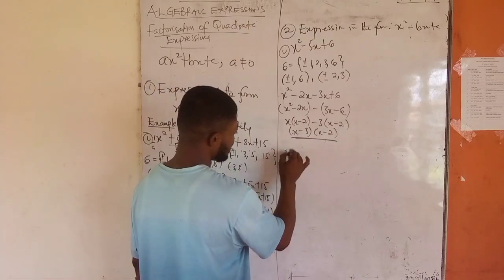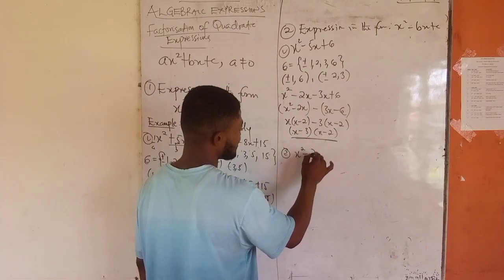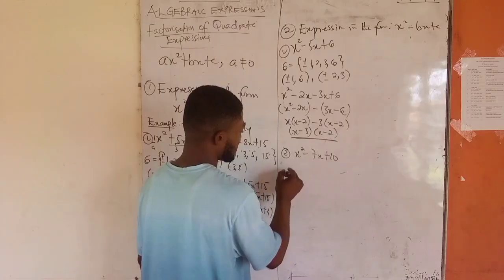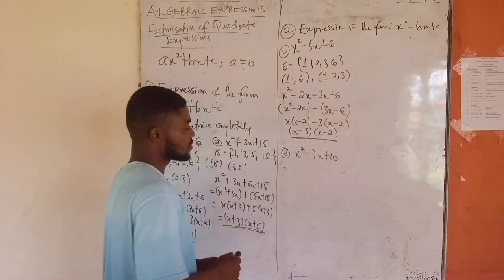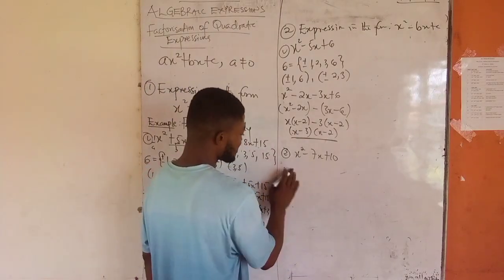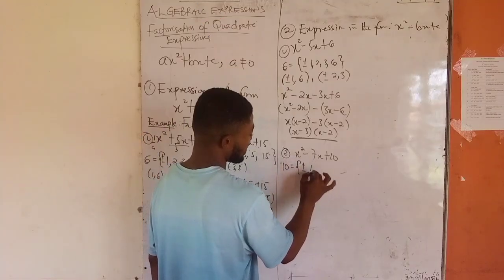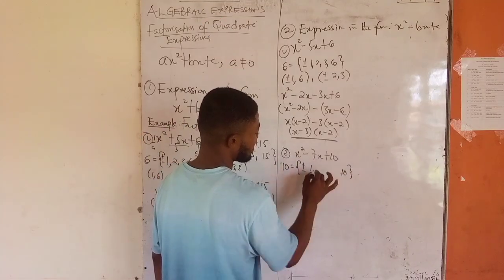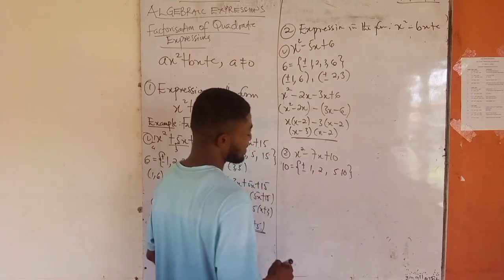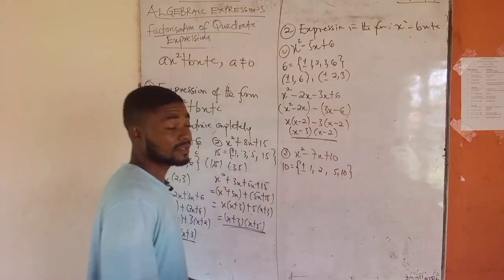This is what I have. And then I can take a second one, which is x squared minus 7x plus 10. With this one too, I'm going to have factors of 10: plus or minus 1, 10, 2, 5. 4 is not a factor of 10, you know.